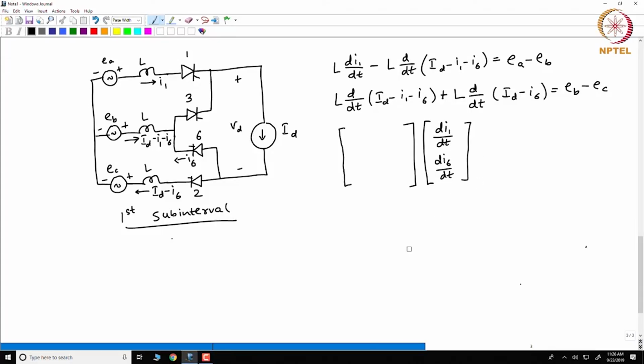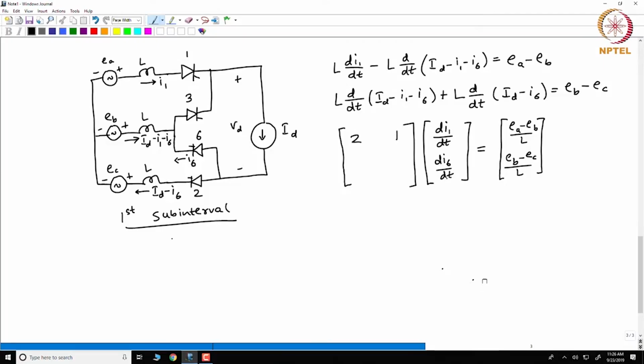I will push this L onto the right hand side, and the right hand side becomes (EA minus EB) by L and (EB minus EC) by L. The coefficients that remain: in the first equation, the coefficient of di1 by dt is 2 and the coefficient of di6 by dt is 1.